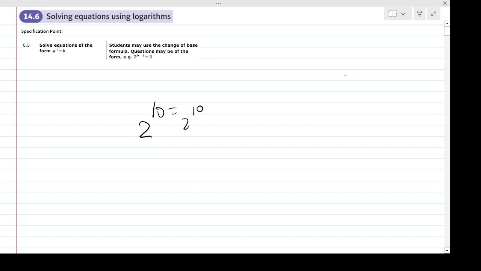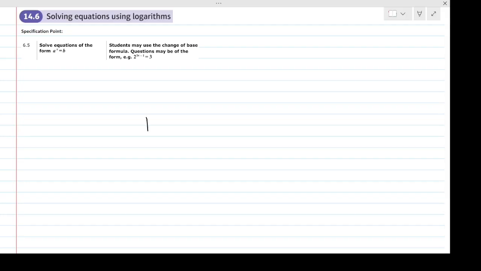Or we could have 3 to the 10 or 10 to the 10, and they'll both be the same thing, right? Both equations will be the same. 10 to the 10 is still 10 to the 10, right? So we can take powers basically of both sides. We can raise both sides by the same base, okay?